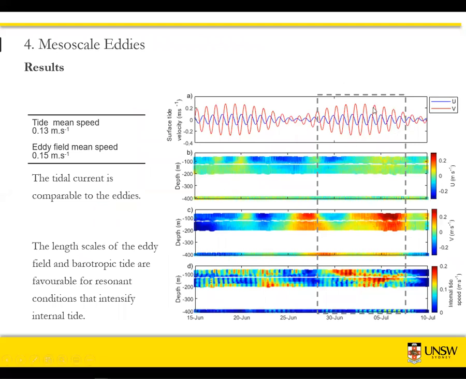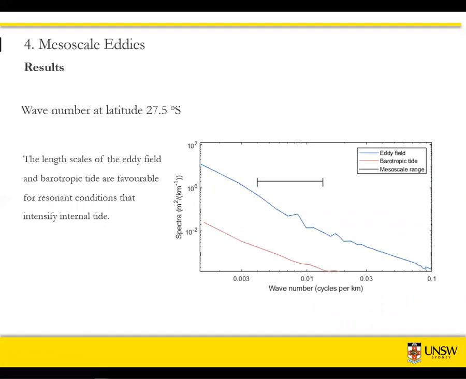And we can see that the barotropic tide has similar velocities to the eddy field, and this is the time series, and this is the time series of the internal tide. So that increase happens exactly on the spring tide as well. And also the wave number of the eddy field is similar to the wave number of the barotropic tide.